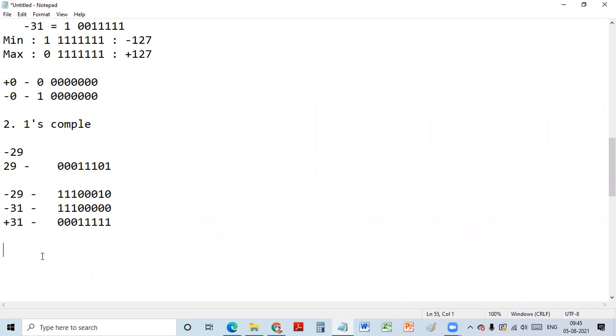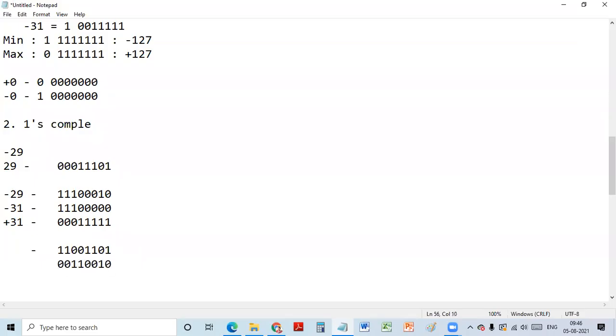Let us suppose I am giving some number like 1. This is my number. So what is its corresponding decimal number? First you need to check the most significant bit. Since it is 1, it means that it is a negative number. To get its corresponding value in decimal, first you have to complement this.